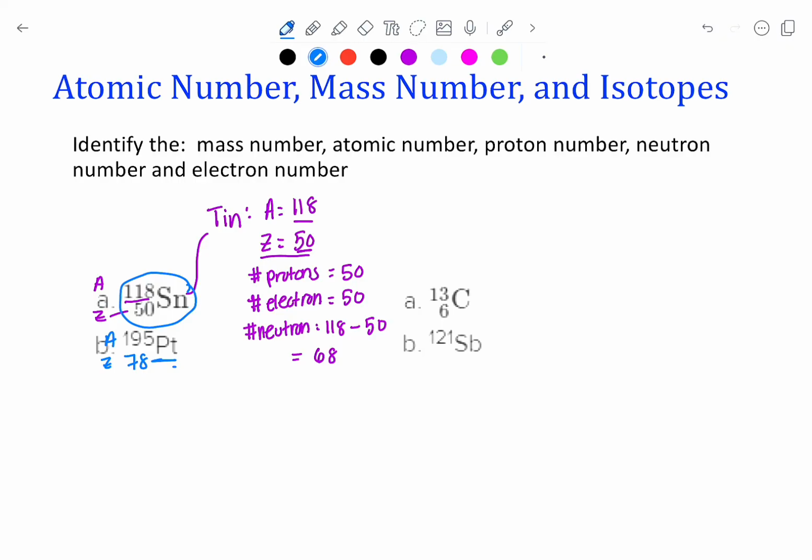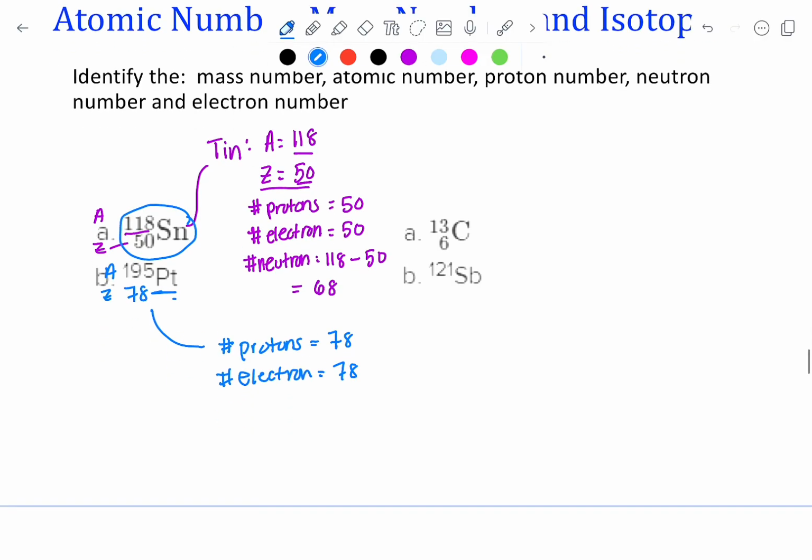That's platinum. Okay, you're going to want to start to learn some of these elements, their symbols and their names. So Pt is platinum. So just by finding that, we know that our number of protons is 78, meaning our number of electrons is also 78.